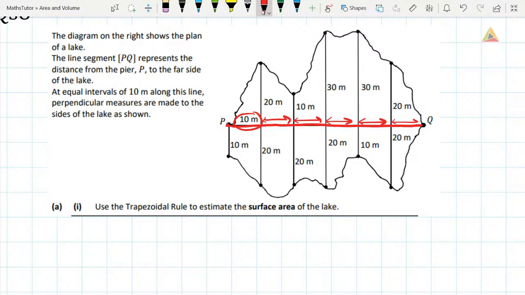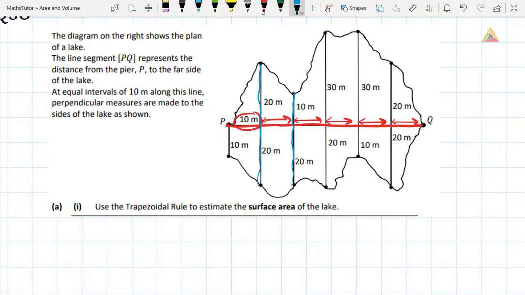When it's divided up, we draw perpendicular lines that go from one side to the other, making a right angle with that red line, and we measure those lengths. Once we do that piece of work, we can use the trapezoidal rule to estimate the surface area. Remember, the area is how much space something covers.